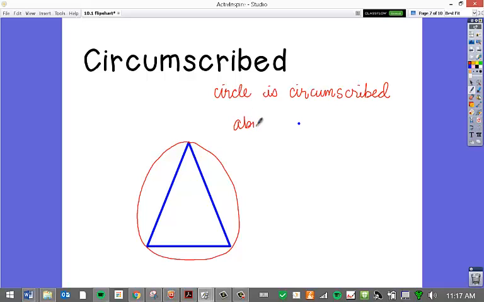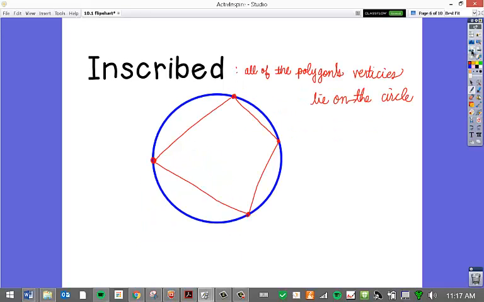You can think of about as like another word for around. The circle is circumscribed about the polygon, whereas the polygon is inscribed in the circle.